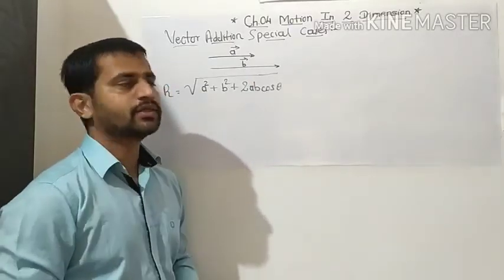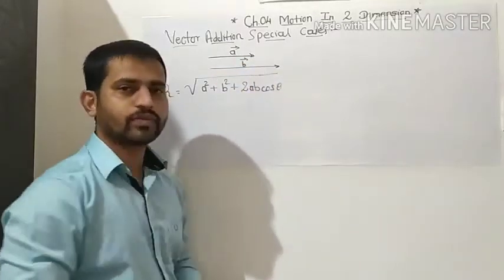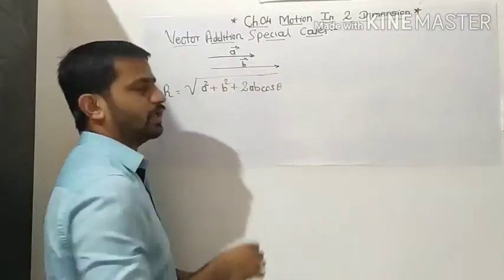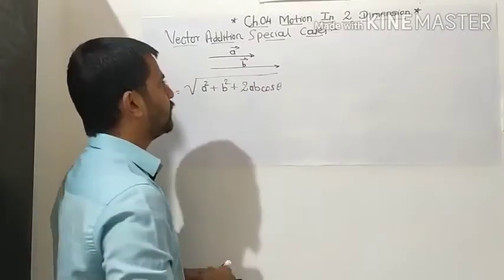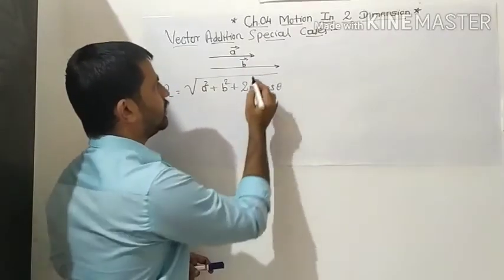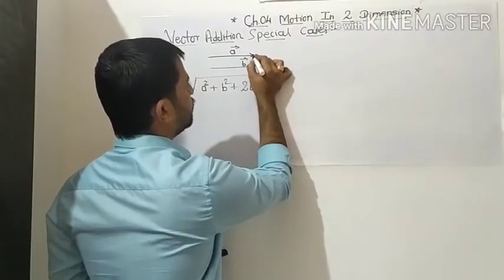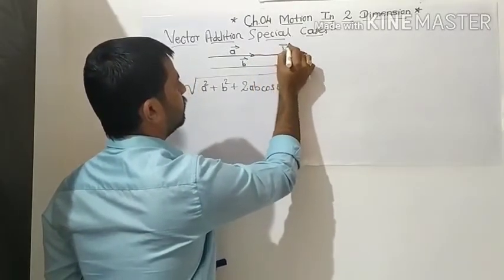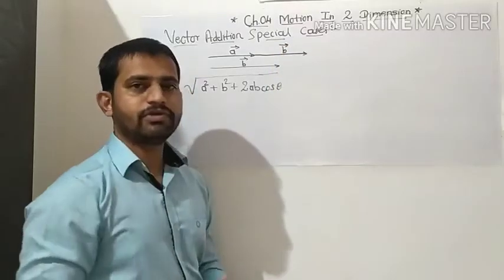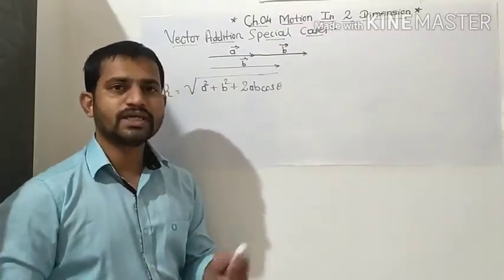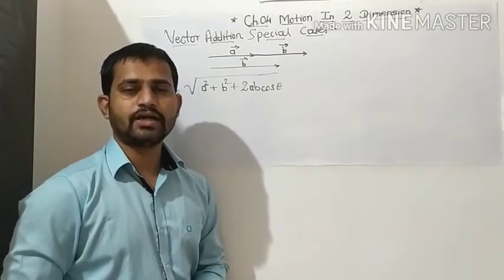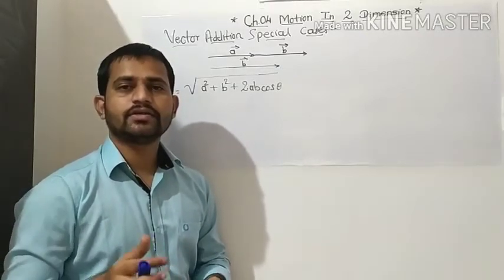Now, in this, we have two vectors. Suppose we have to add the vector B and the vector A. If we add this vector, then the total length will be according to this one. This will be vector B. So how much is the angle between these two vectors here? It is 0.